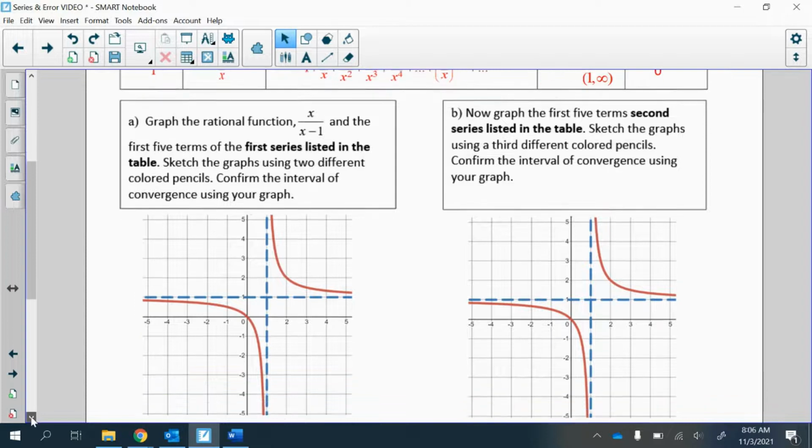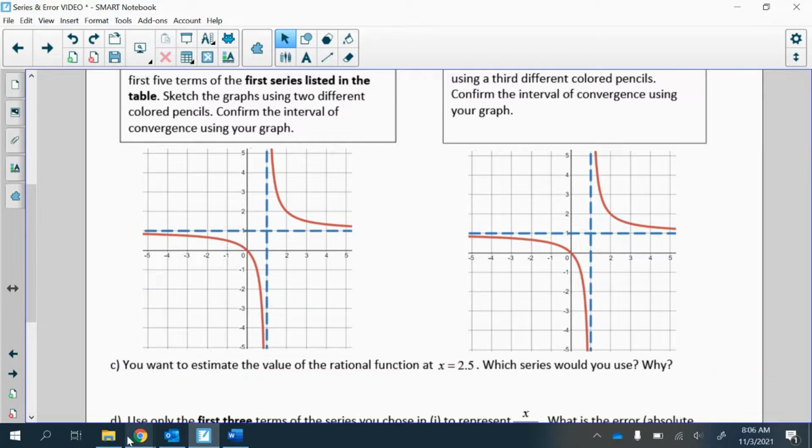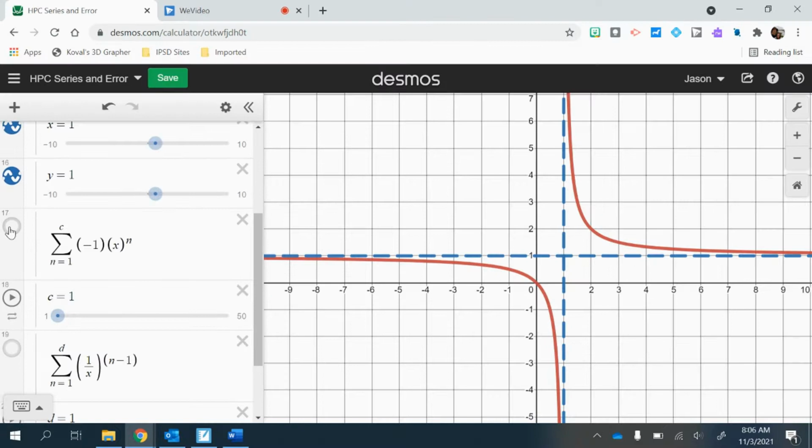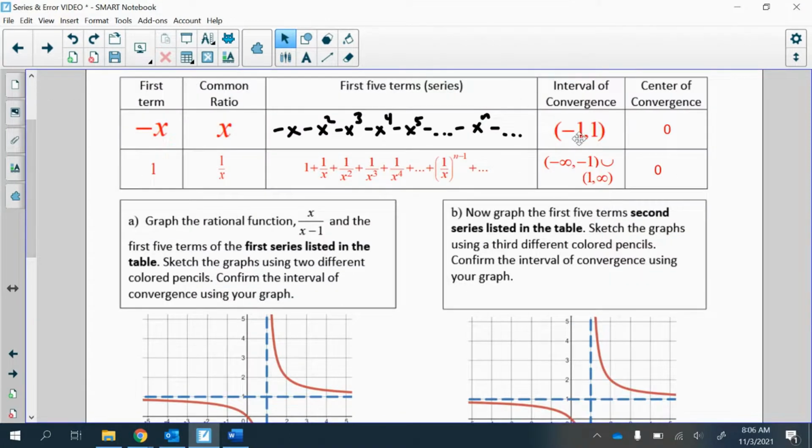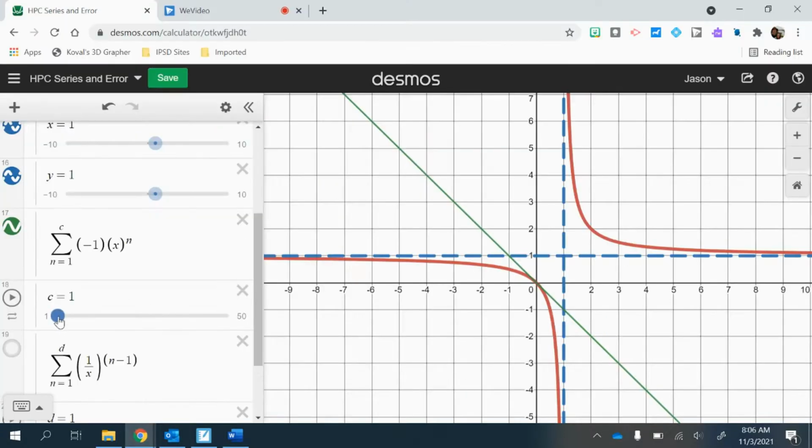And so what we're going to do is we're going to use Desmos in the same way. So the first series that we're dealing with is the one that we claimed was going to work from -1 to 1. So we're going to keep adding negative x, put on a negative x squared, a negative x cubed, a negative x to the fourth, negative x to the fifth, sixth, seventh, eighth, ninth.